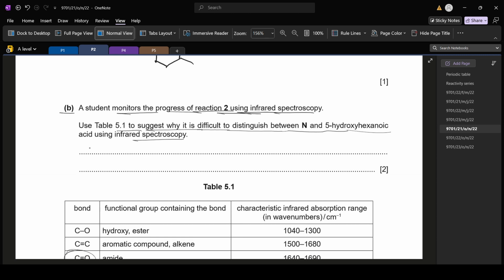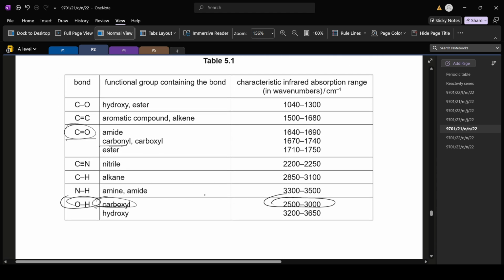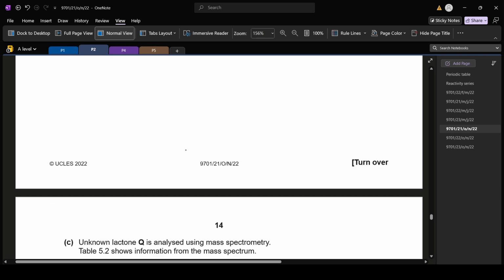Because they will give similar absorptions, because both have the same bonds in similar environments. You can see that from the table. Moving towards the next part.